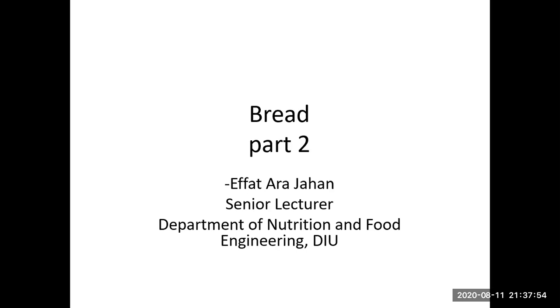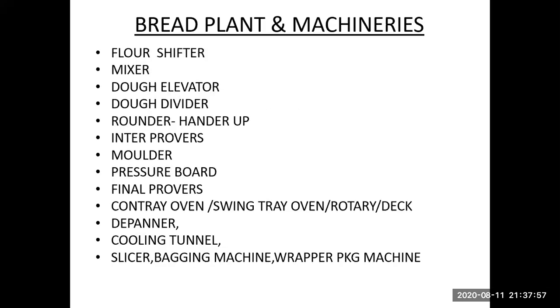So let's get started. First of all, there are some machineries mainly used in different kinds of bread making industries. What are they? They are the flour sifter, mixer, dough elevator, dough divider, rounder, intermediate provers, molder, some kinds of boards, then another kind of prover called the final prover, then the oven, and different kinds of depanner, from where the breads are removed from the pans.